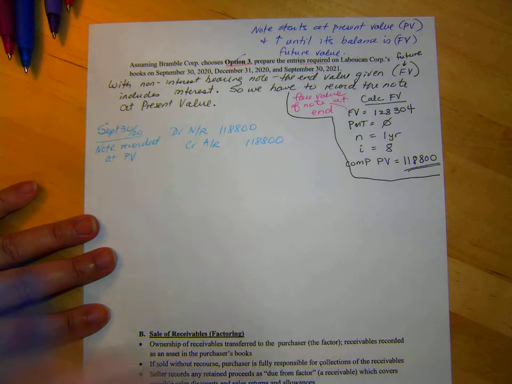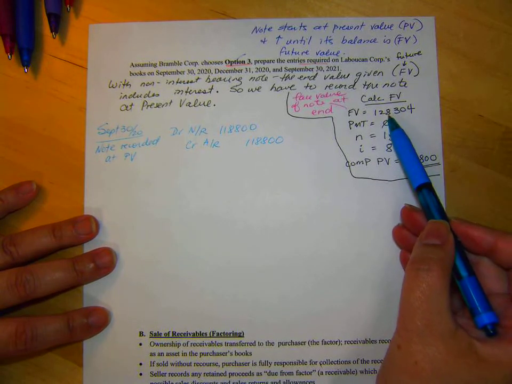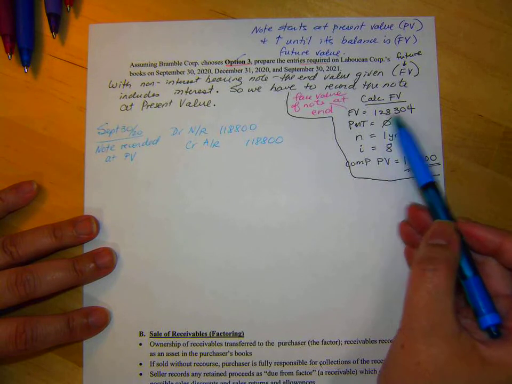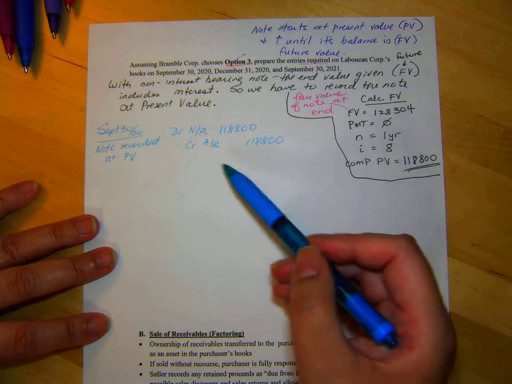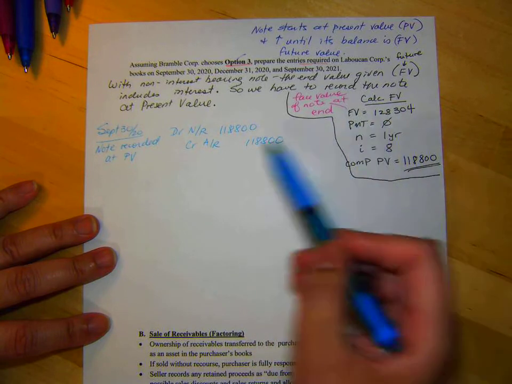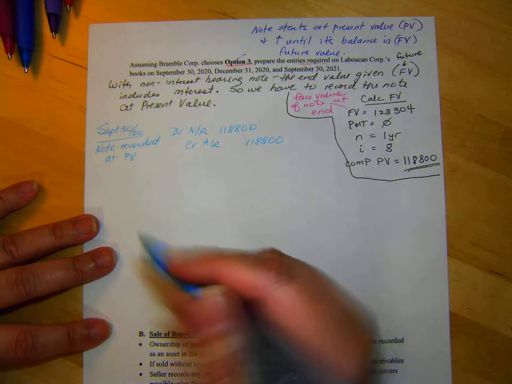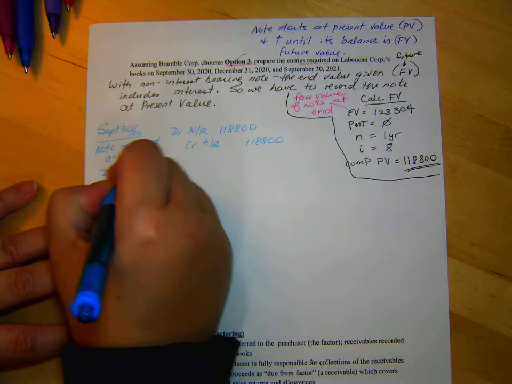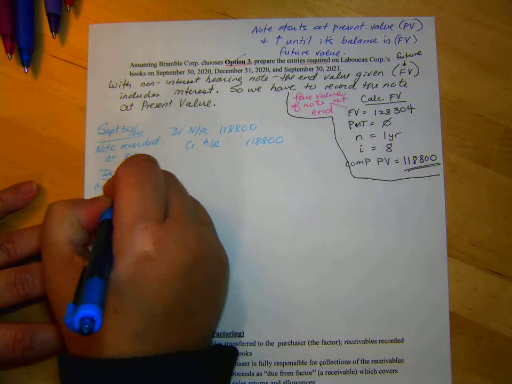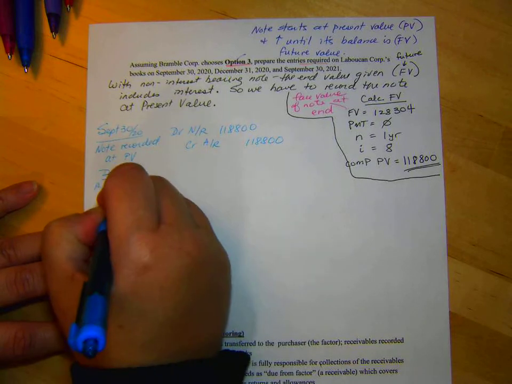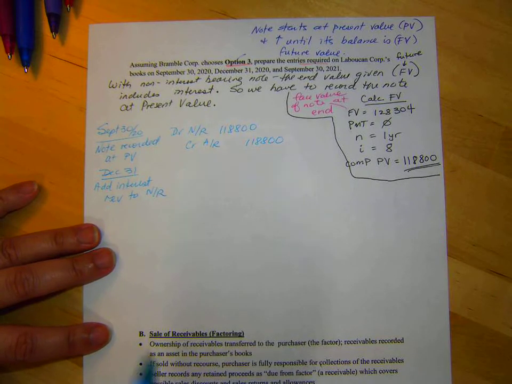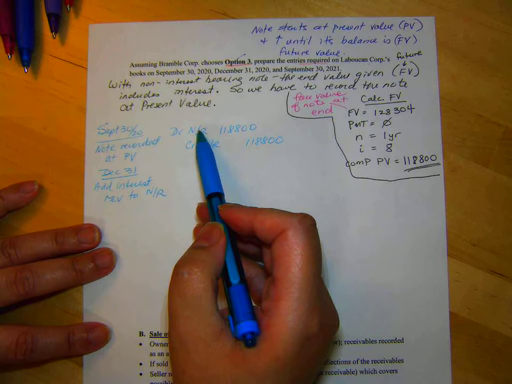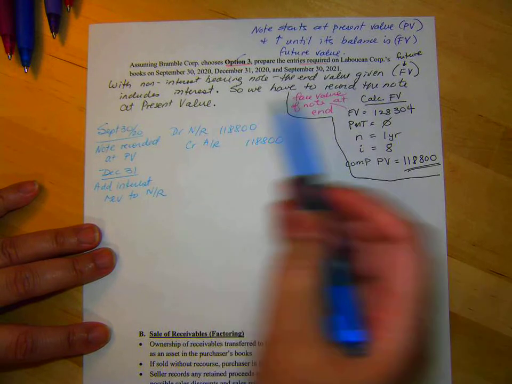Now, this is the neat thing. This future value is what we want the note's receivable balance to be at the end. So the difference between this and this is all the interest. So we're actually going to add the interest to the note. Okay? So December 31st, add interest revenue to note receivable. Because we need to increase this balance to go up to here by the end.